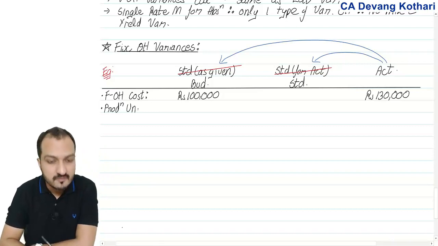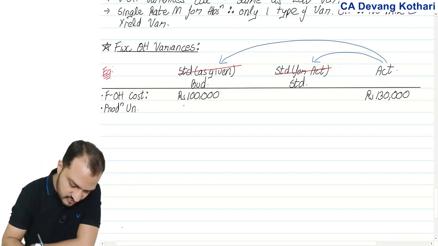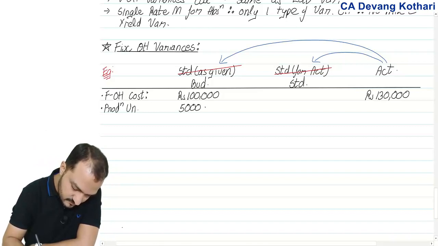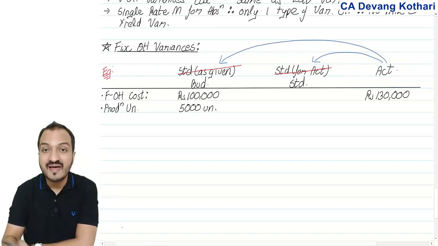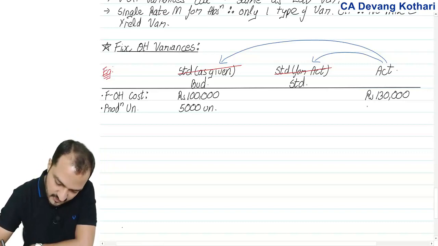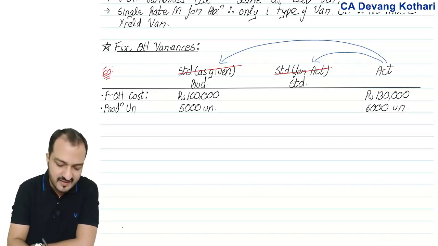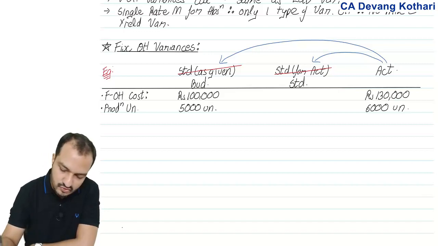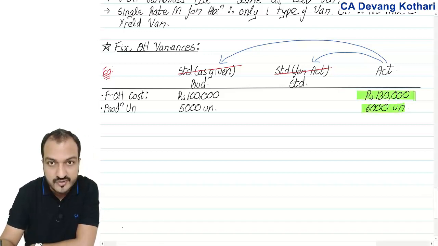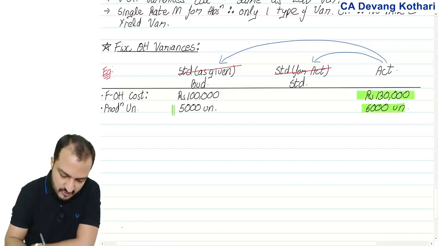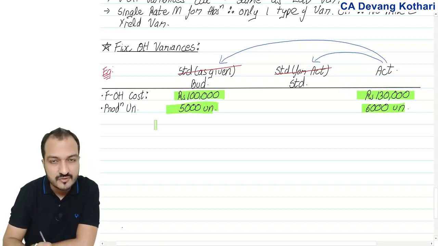As per my original budget, my production was supposed to be, let's say, 5,000 units. But my actual production has been, let's say, 6,000 units. Now, basically, can I compare my actual cost of 6,000 units with the budgeted cost of 5,000 units?